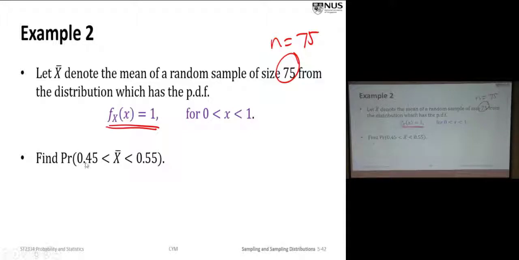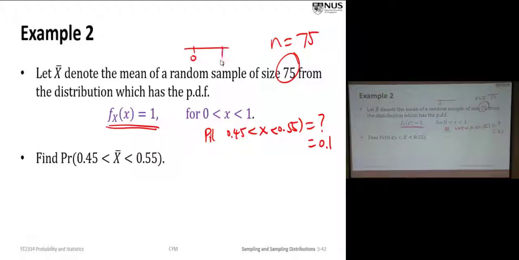We are asked to find the probability of x bar between 0.45 and 0.55. Can we answer this question for just one observation taken from this population? What is this? 0.1, am I right? How to get it? Uniform 0, 1: this is f of x, the density.